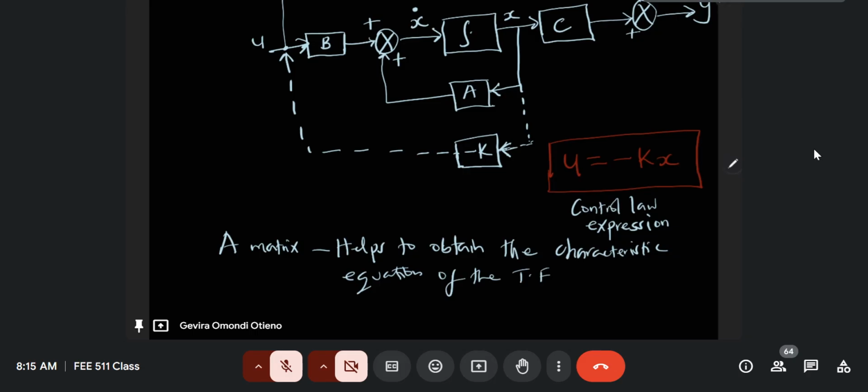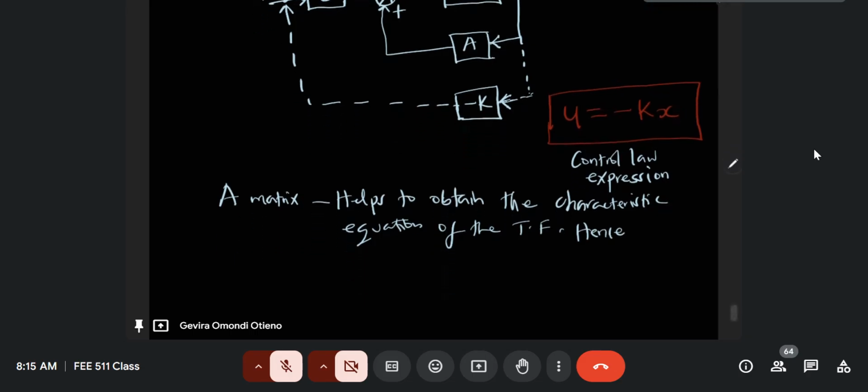Hence, because of the A matrix, we can establish the pole location of the control system.